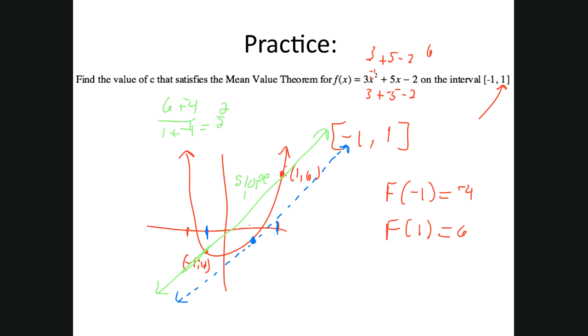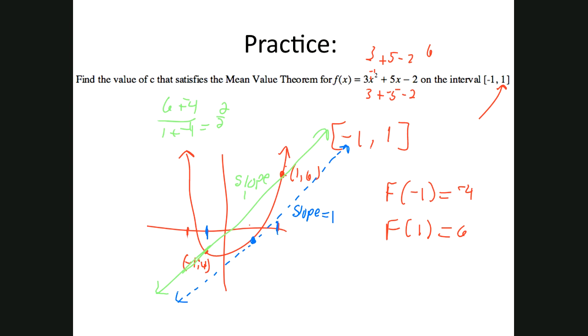Okay, so if I know that the secant line and the tangent line have to have the same slope, in this problem, the slope of the secant line was 1, so I know the slope of this line also has to be 1. Okay, so now, how do I find the value of c between -1 and 1? Well, guess what?